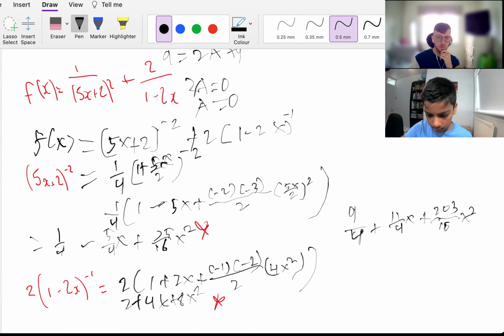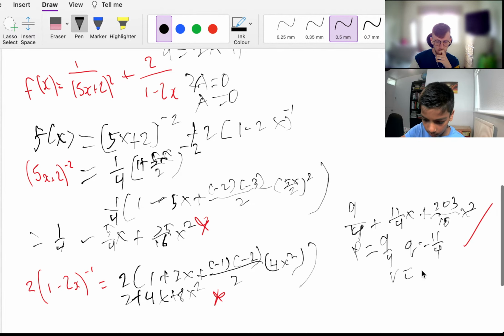Excellent. And the last part of the question is to state the range of values of x for which this expansion is valid. So 203 over 16.